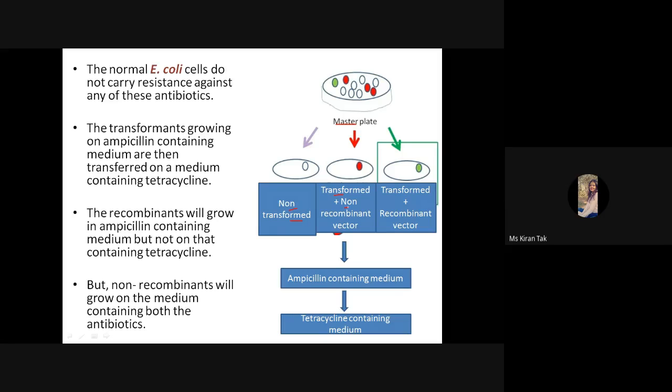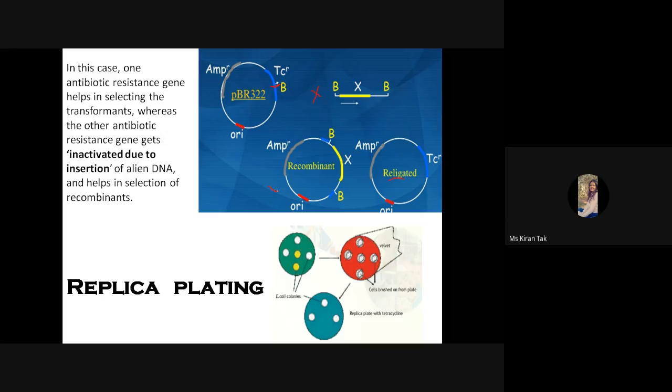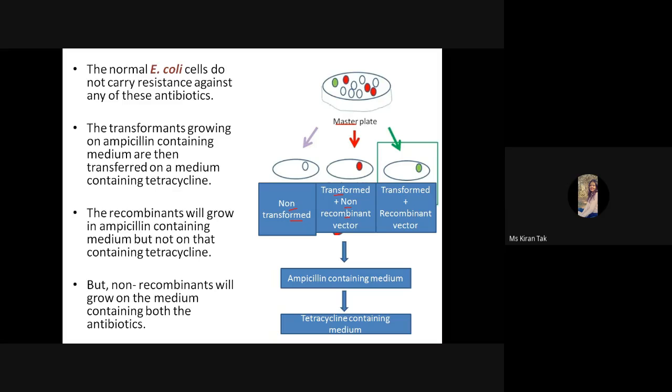So the cells have a non-recombinant vector. But when the cells have a plasmid that contains the gene of interest, then the cells are called transformed with a recombinant vector.